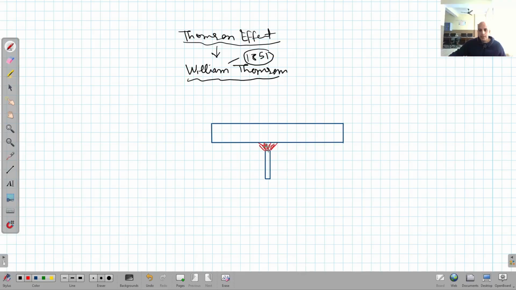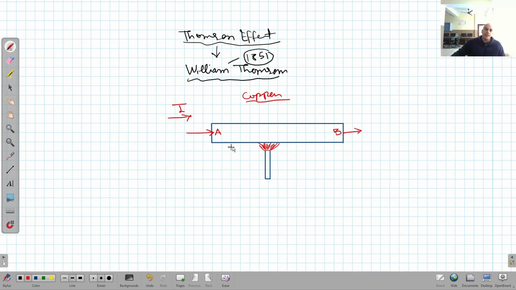This is the midpoint of the copper strip. This is end A, and this is end B of this copper strip. I'm heating it from here. Let's pass electric current in this direction from A to B along this copper strip.